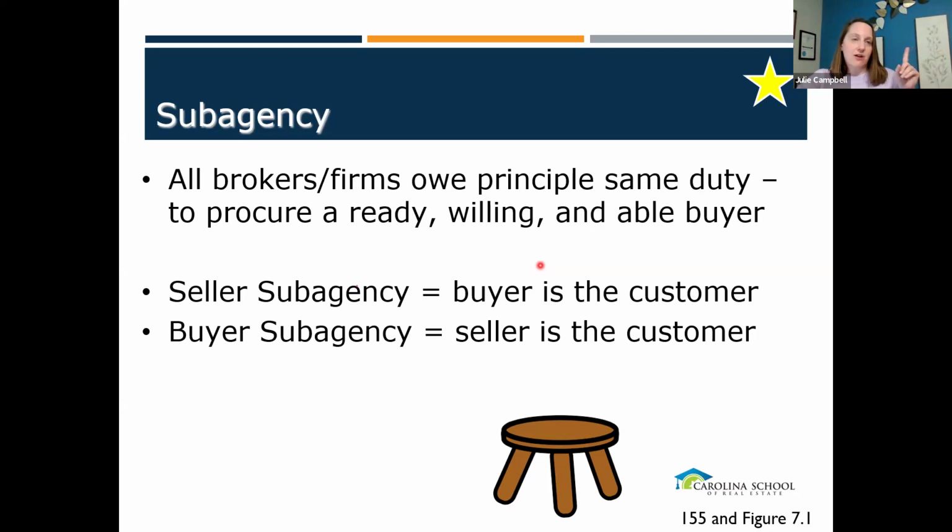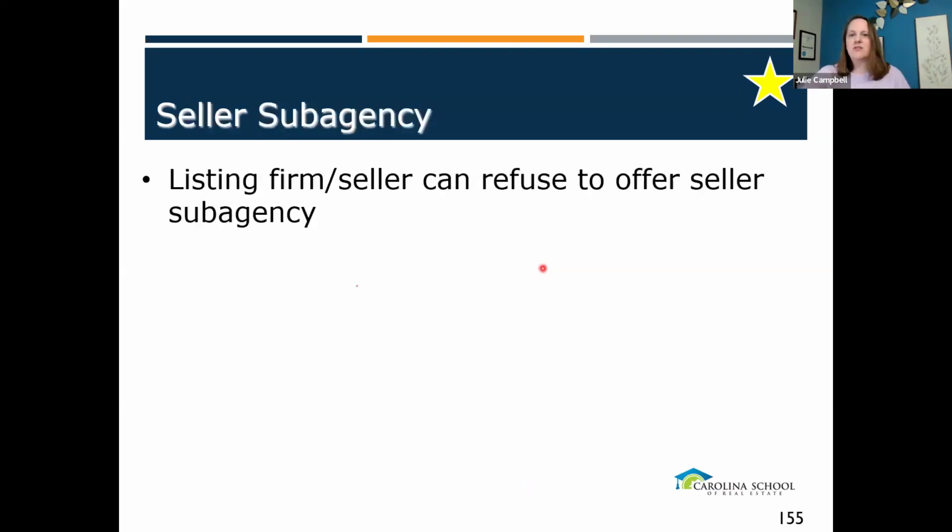You got somebody going through the transaction not represented. As far as the listing firm or the seller, they don't have to allow seller sub-agency. They have the right to say buyer agents only. They have the right to say only agents with a buyer client can show my listing, can bring me an offer.